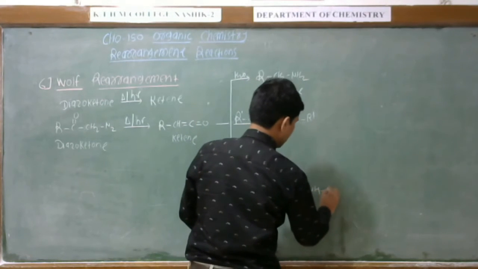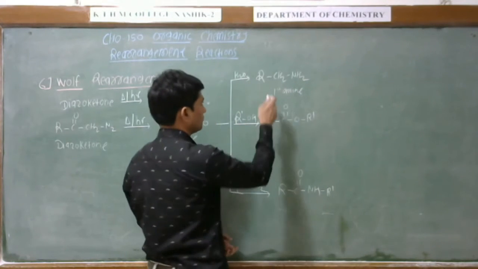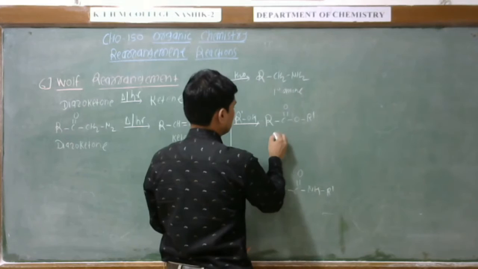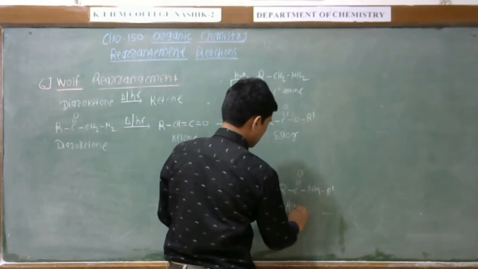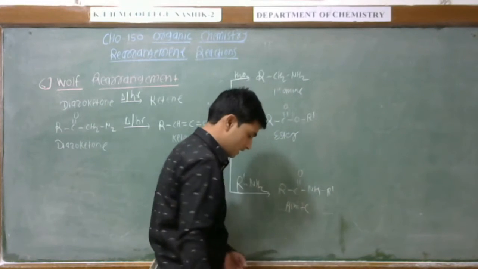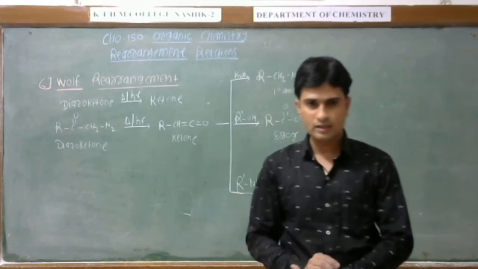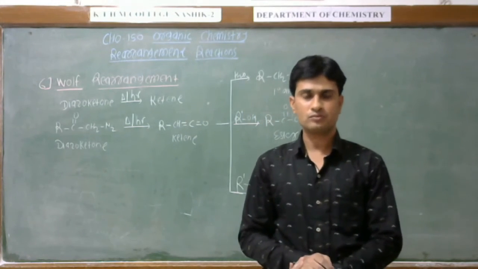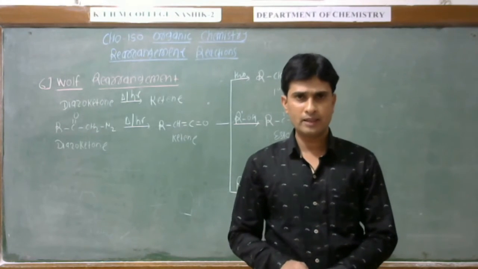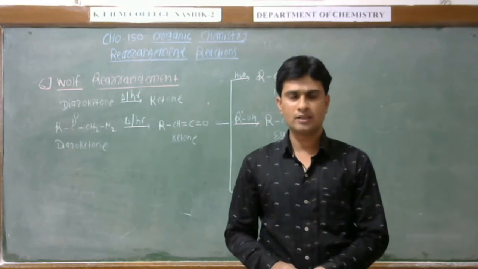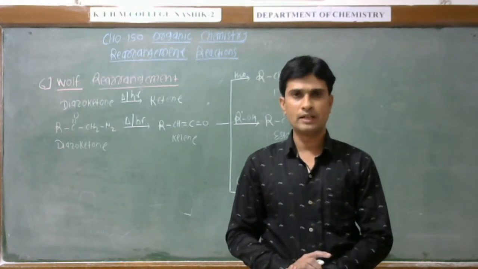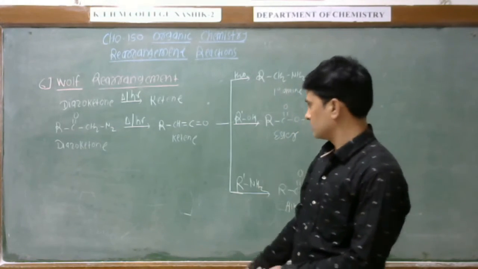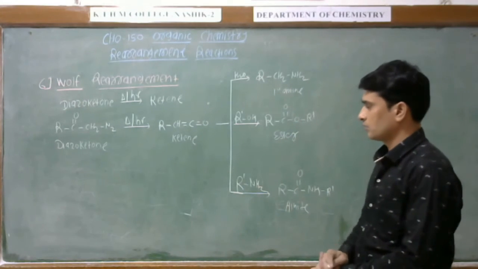So this is the acid, this is the ester, and this is the amide. So we can convert diazoketone to the acid, to the ester, and to the substituted amides, these three types of compounds.